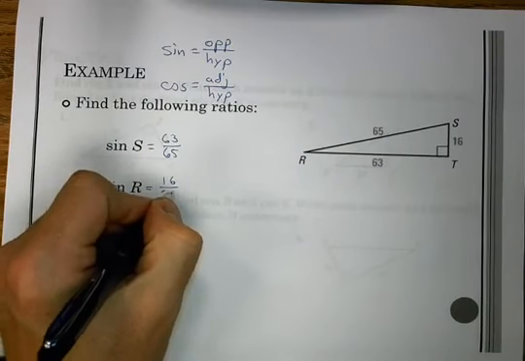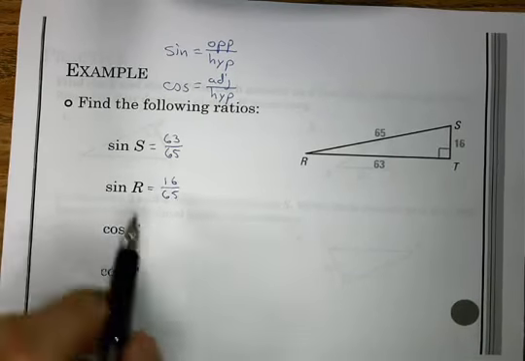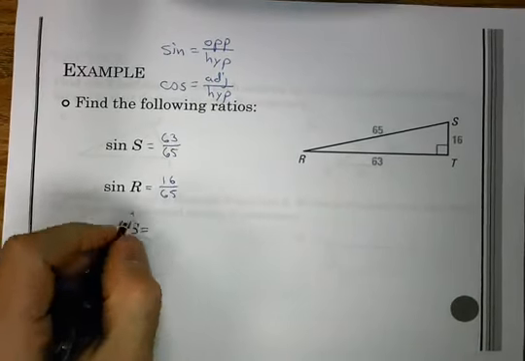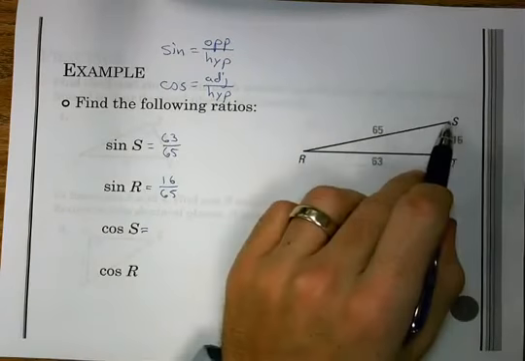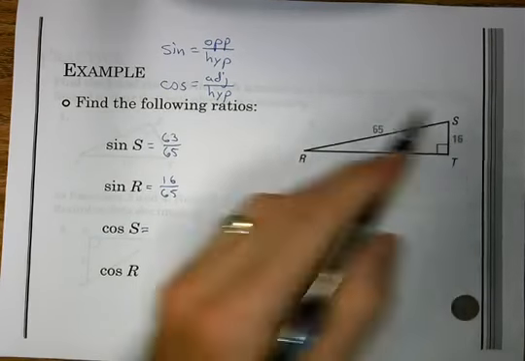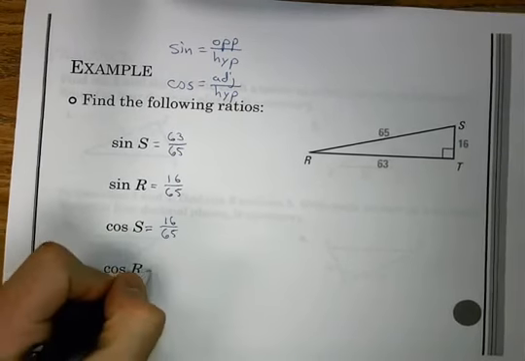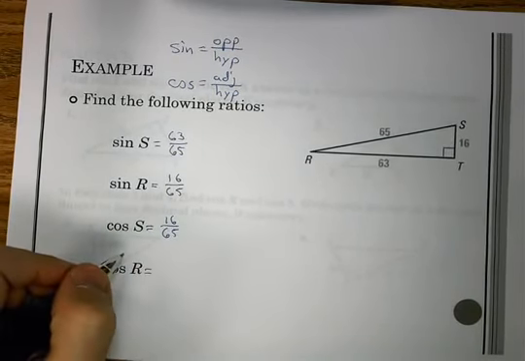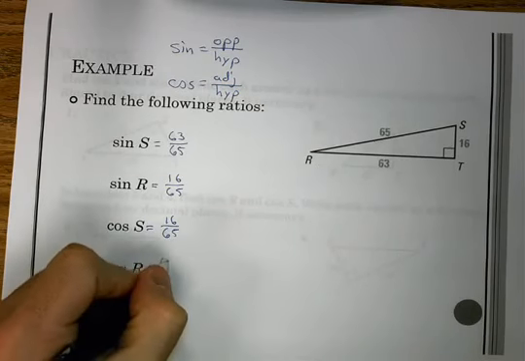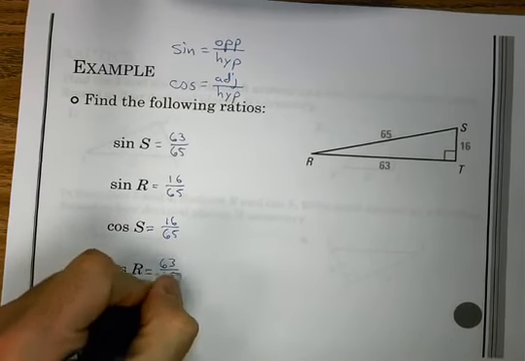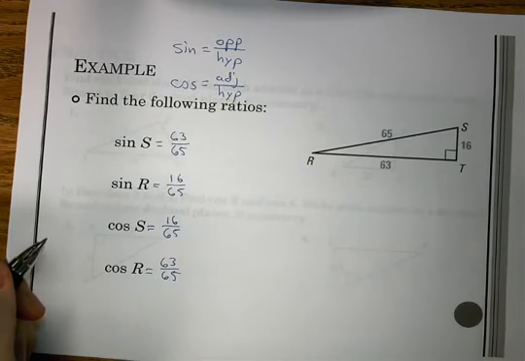Hypotenuse is 65. Cosine of S, that's adjacent over hypotenuse. So adjacent to S is 16. Hypotenuse is 65. And cosine of R, adjacent to R, is 63. Hypotenuse is 65. So we have that ratio.